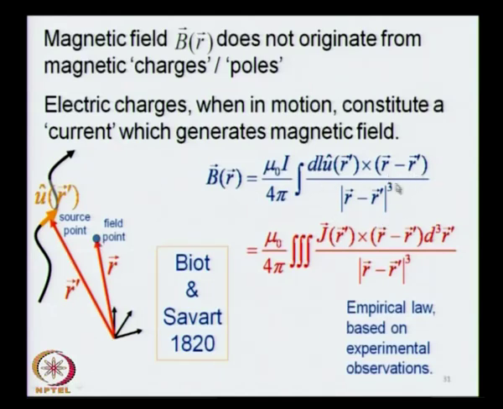So, this is the cube of that distance in the denominator, and the vector r minus r prime in the numerator. So, if you consider the direction alone, it would be like 1 over distance squared. So, to that extent it is very similar to Coulomb's law, and you construct this integral, and what you get out of it is the magnetic field at the field point generated by this entire conductor.